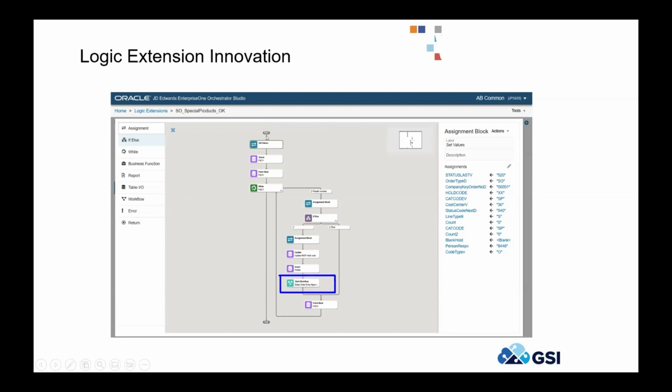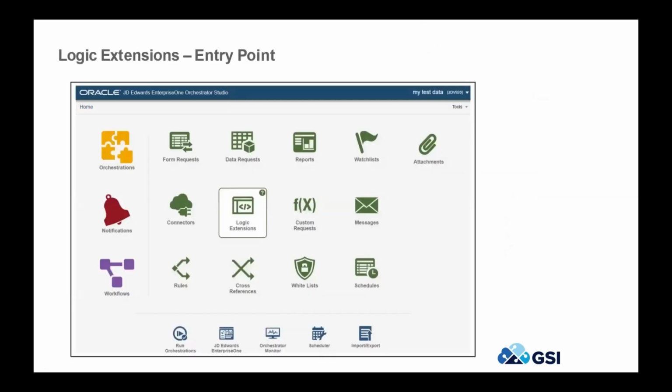I'll show you an example of what I've done, and then we're going to have the existing logic extension and then add the workflow process to it, along with its structures, to help you understand how that works. So the entry point into logic extensions comes from the Orchestrator Studio. And obviously, as you can see highlighted here, is the logic extension icon to work on.